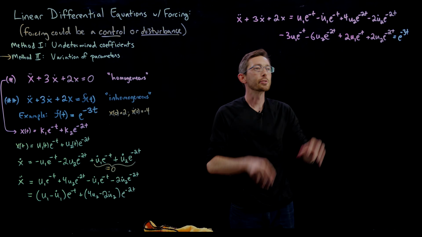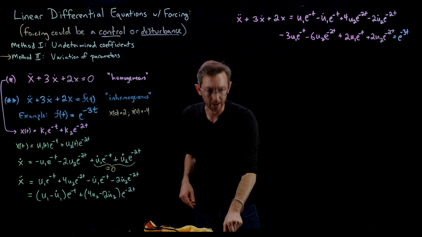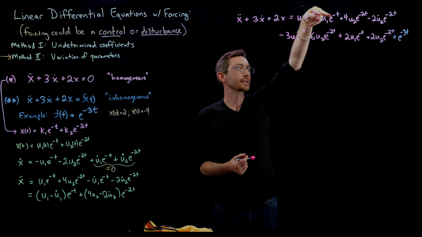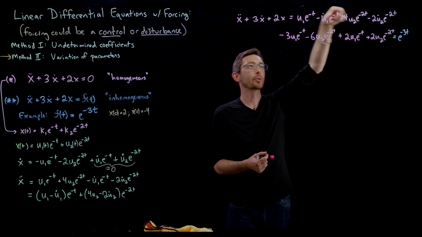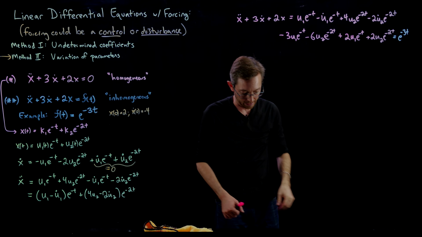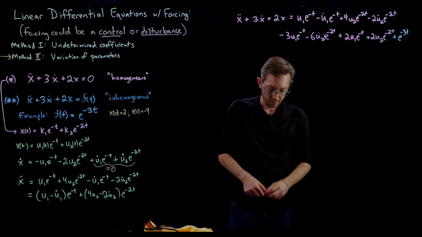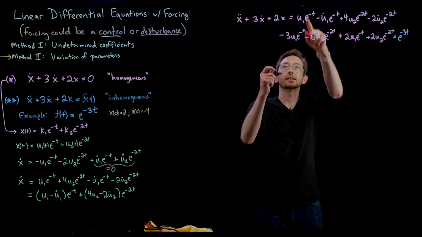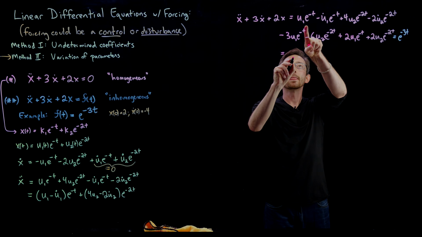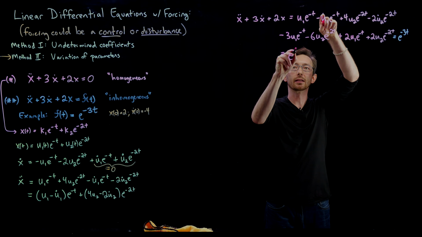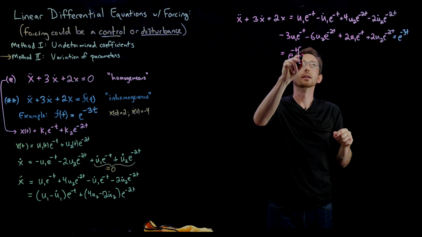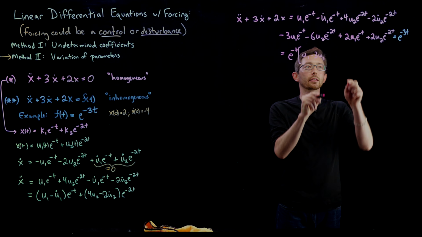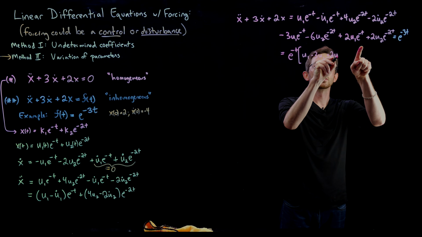Good. And so now I'm going to rearrange and group this stuff. I'm going to keep all of my dots separate, and I'm going to keep everything that's multiplying... well, you'll see. So this equals, I'm going to collect all of my e to the minus t terms: e to the minus t times u1 minus 3u1 plus 2u1.